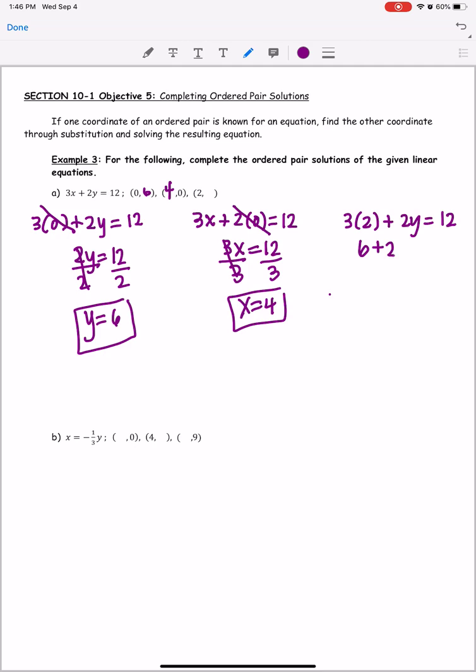So we got 6 plus 2y equals 12. Get y by itself. So we're going to subtract this 6 over. We get 2y equals 6. Divide by 2. And we get y is 3.